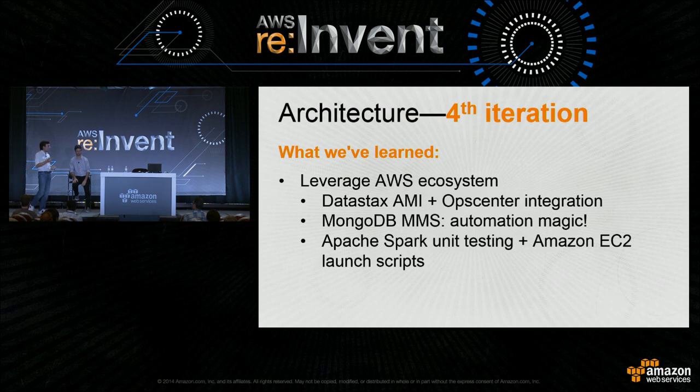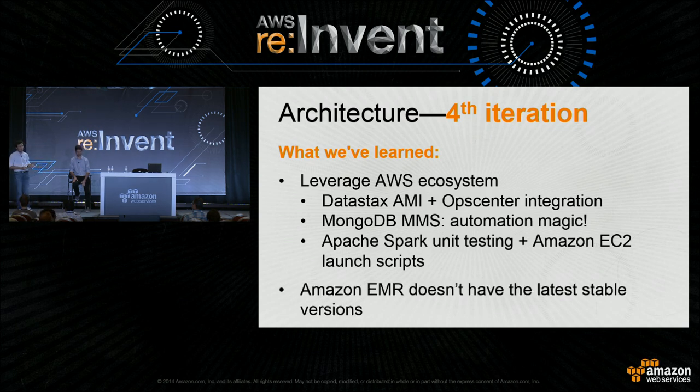And with Apache Spark, we were not using Spark on EMR because the version of Spark on EMR was old and we needed the latest version, so we run our own cluster on EC2. But thanks to the integration Spark already has with EC2 launch scripts, you can set up your own cluster in just one command line, and that's it.